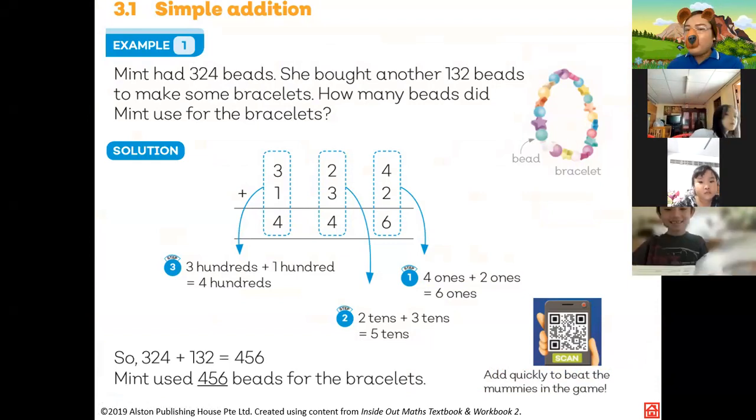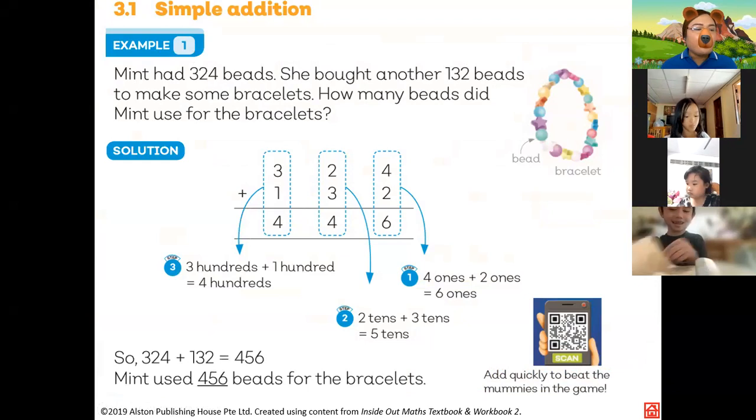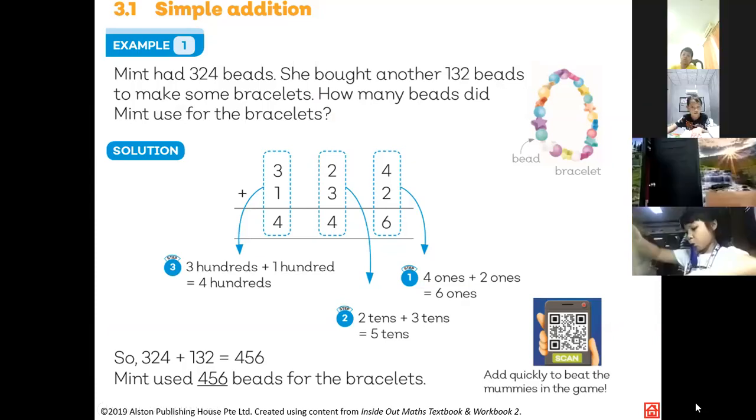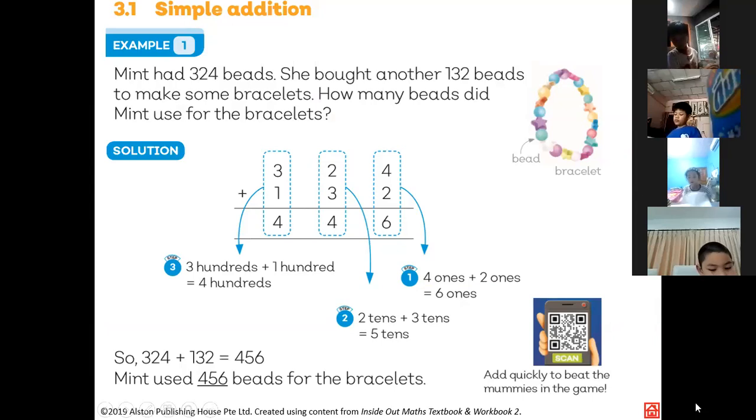All right, everyone, open your book on page number 20. Oh, it's 30. It's 38, not 36. It's 38.